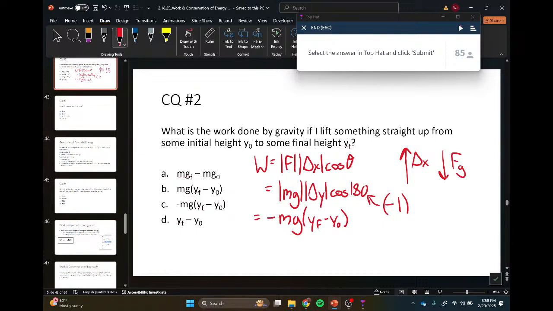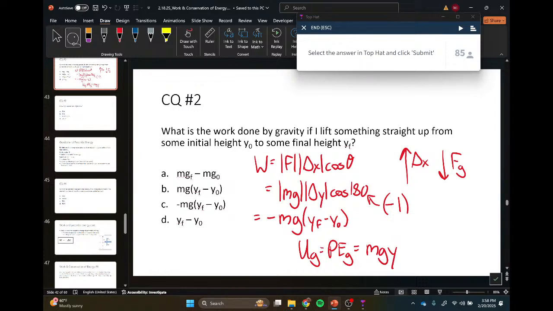Now, something to point out. This is actually where the equation for potential energy comes from. We're going to see on the slide after next that the potential energy, whether you call it U or G, means the same thing, is mgy. I'll show it in a future slide.